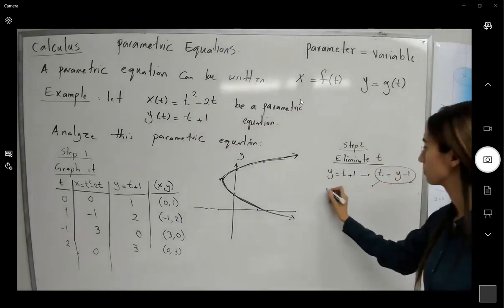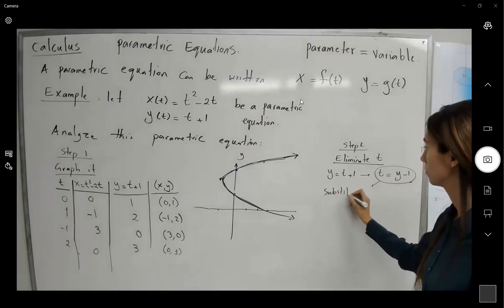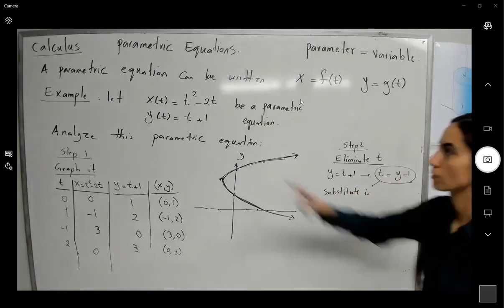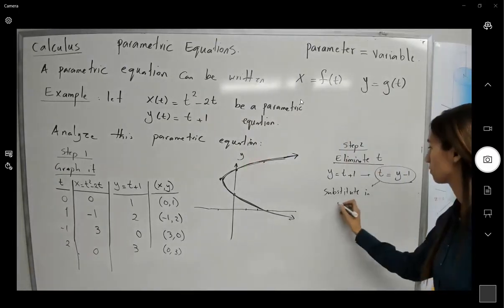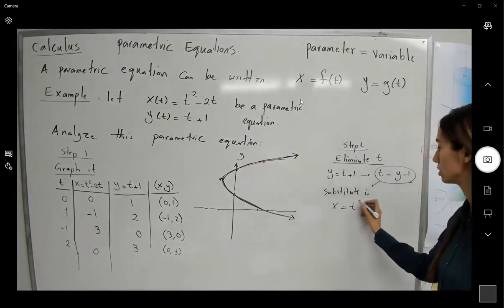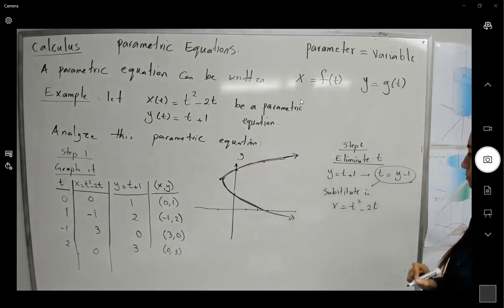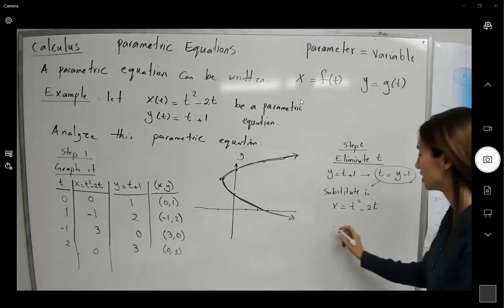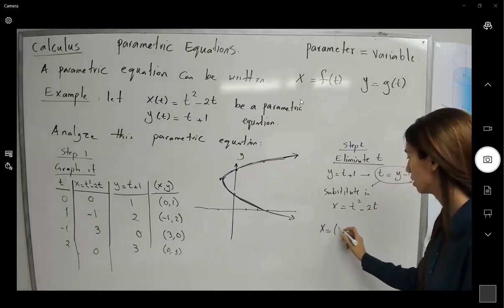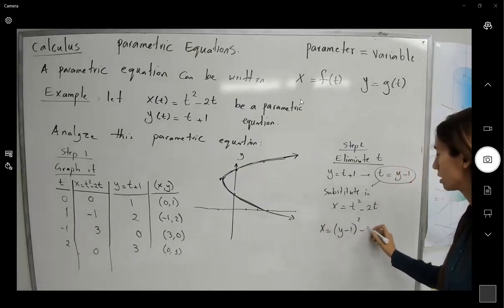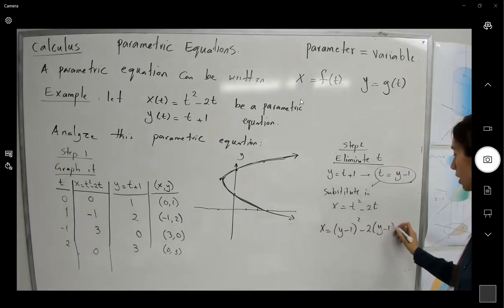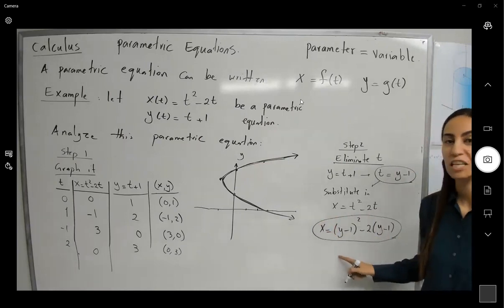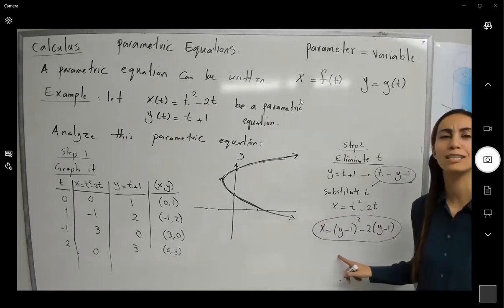Substitute in the first equation, x equals t squared minus 2t. Wherever you see t, write down y minus 1. So my x is equal to y minus 1 squared minus 2 times y minus 1. This equation has no t in it.